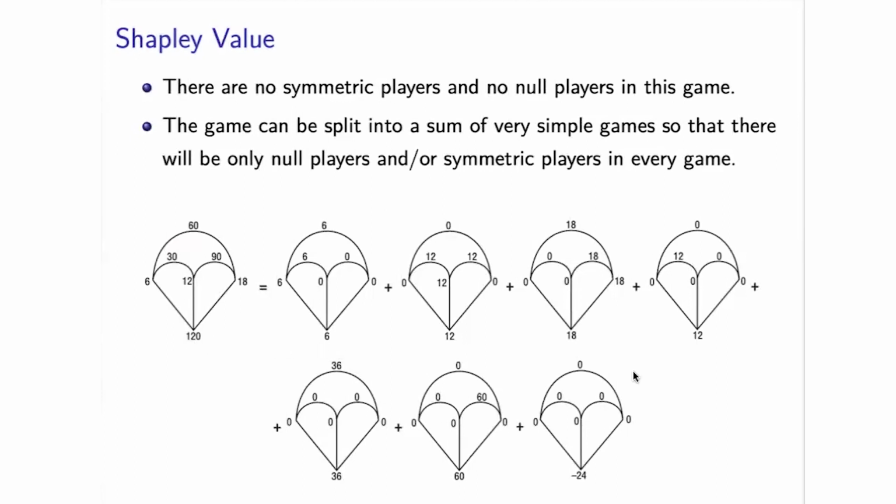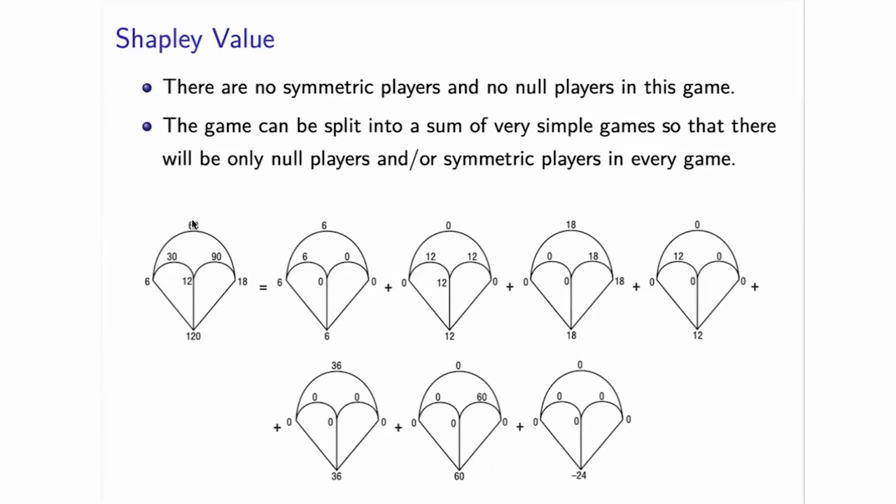If you sum up the different values for 1, 2, 3 across these 7 games, you get 6 plus 12 is 18, 18 plus 18 is 36, plus 12 is 48, plus 36 is 84, and then you have got plus 60, so 144, but that has exceeded 120. So you need to subtract 24, so you have got minus 24 here. Now if you add up all these things, you end up getting 120.